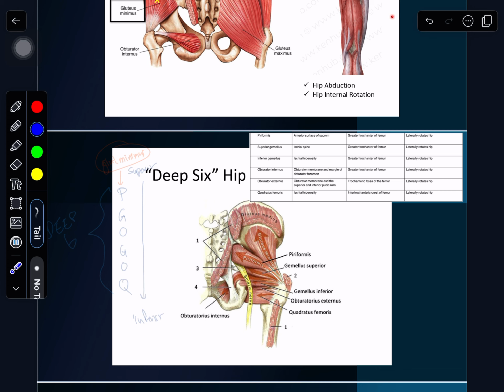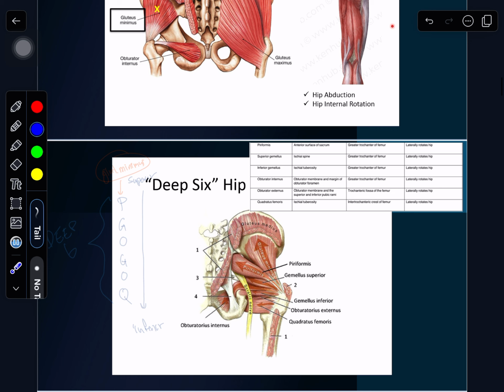So they are known as the deep 6 because collectively they perform the same function, which is going to be external or lateral rotation of the hip, right? These are naturally quite deep relative to the glute muscles, and we can see that the deep 6 are going to be located just inferior to the gluteus minimus.